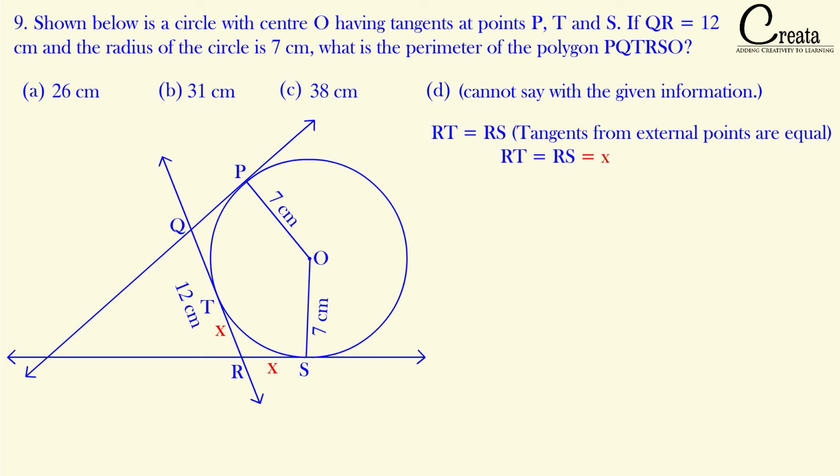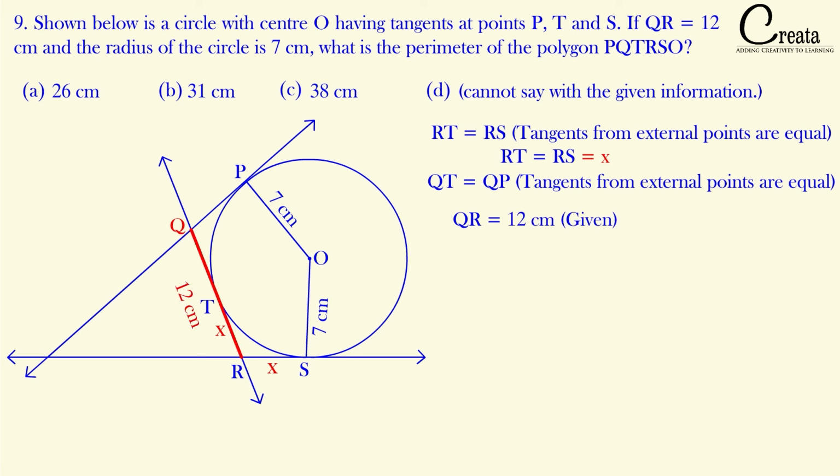Similarly, if we take the point Q as an external point, QT and QP are the two tangents toward the circle. So QT and QP will be equal to each other, the same concept. What are QT and QP? They are not given in the question. But the complete length QR is given as 12 centimeter, and TR we have assumed as x.